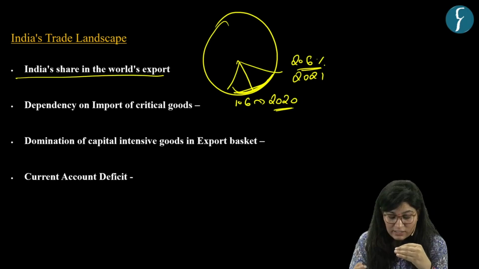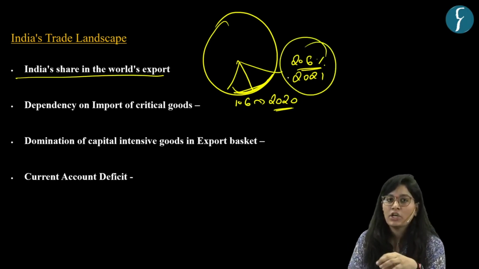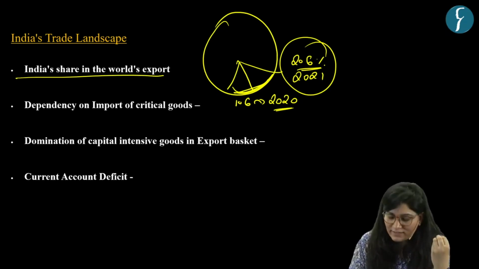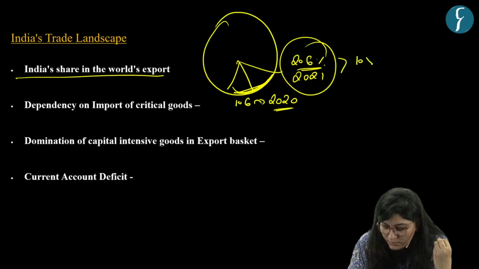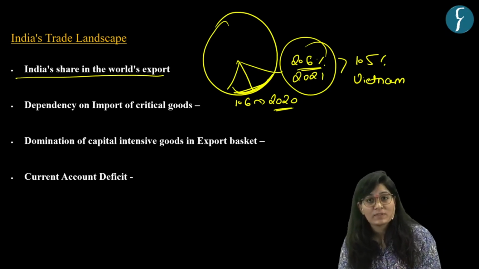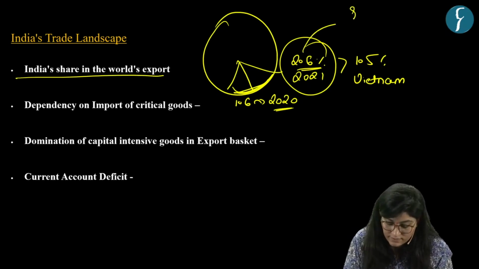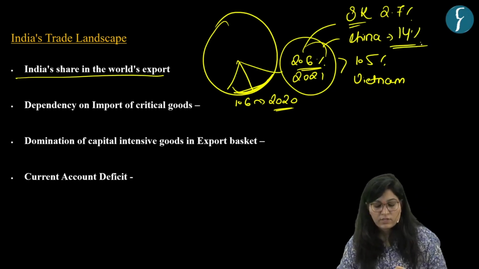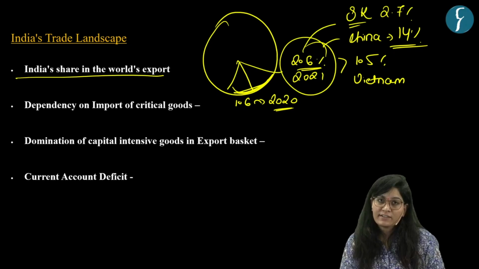So India's share in world exports currently is 2.6 percent, which is high if you compare with countries like Vietnam having 1.5 percent. Okay, but still it is low if you compare with countries like South Korea having 2.7, China having 14%. So you can see the difference between China and India here.